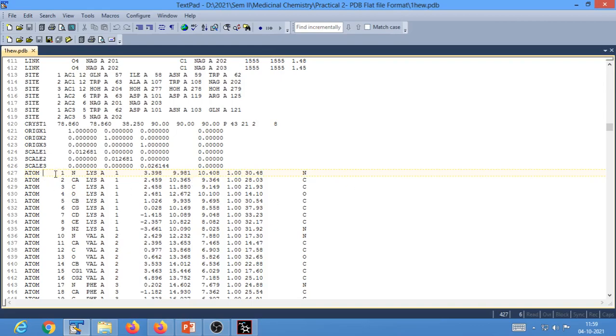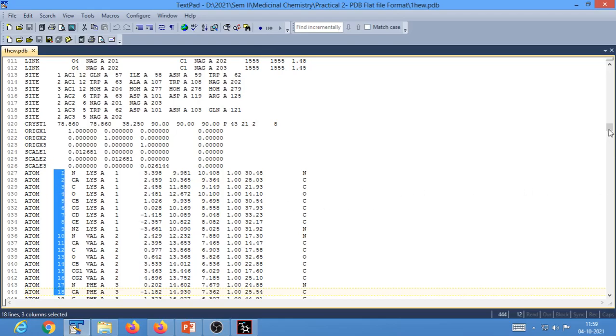What you can count over here is that the lines are continuous throughout, and this indicates that this is the first atom in your PDB file. This line corresponds to the second atom, the third atom, the fourth atom in your PDB file, and so on.